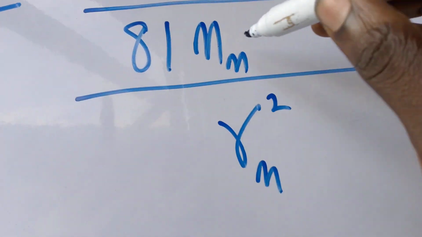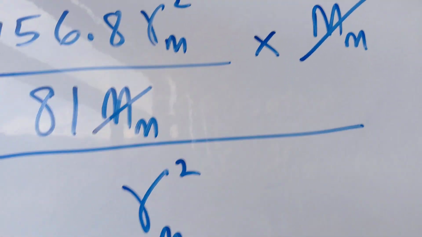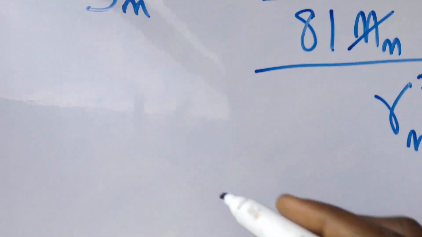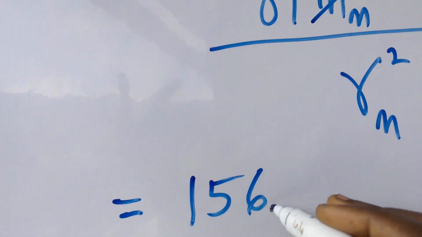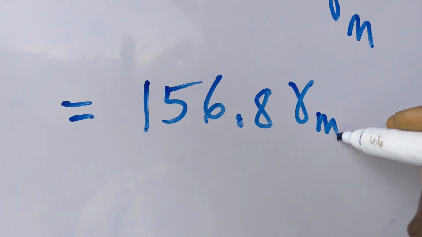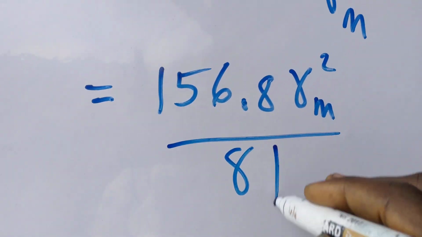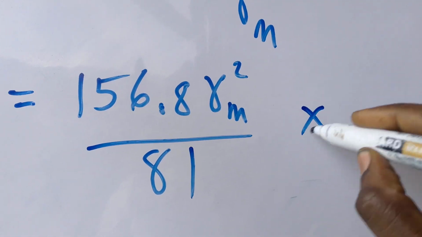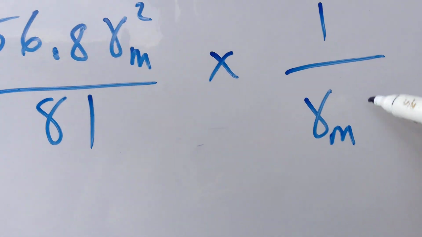We discover that this will eliminate this, and likewise I'll be having 156.8 rm square over 81 multiplied by 1 over rm square.